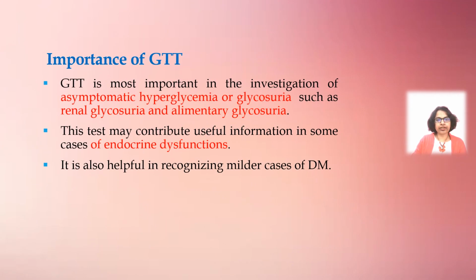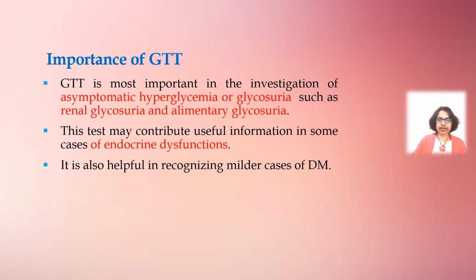So let us talk about the importance of GTT, glucose tolerance test. GTT is most important in investigation of asymptomatic hyperglycemia or glycosuria, such as renal glycosuria and alimentary glycosuria. This investigation is preferable for asymptomatic hyperglycemia or glycosuria.